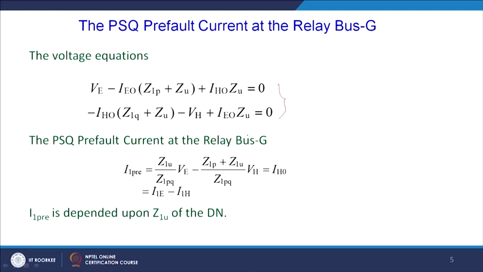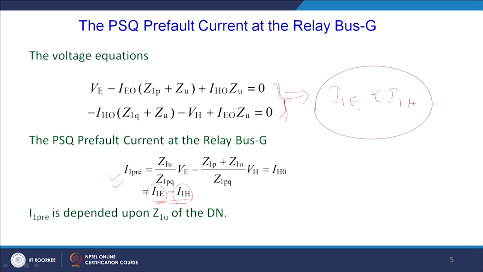These are the equations for loop 1 and loop 2, and by solving them we will get I1 pre, which is I1E minus I1H. This is very simple. We have two equations and two unknown currents, so we can solve them and finally get I1E and I1H.